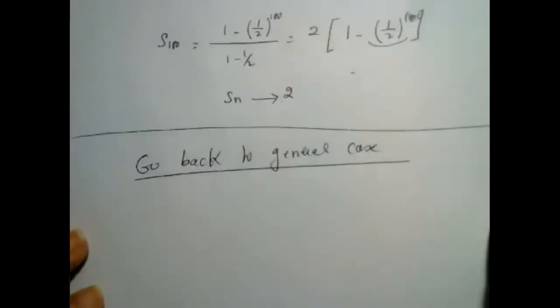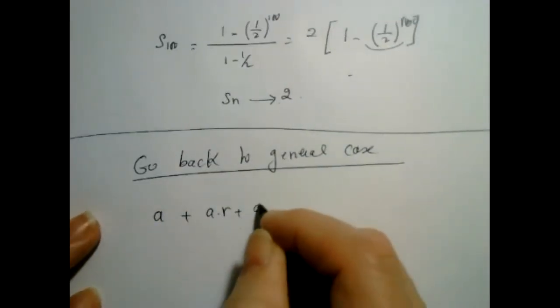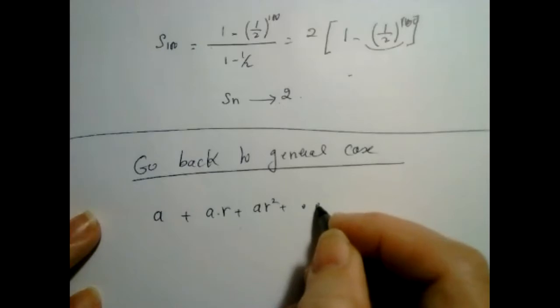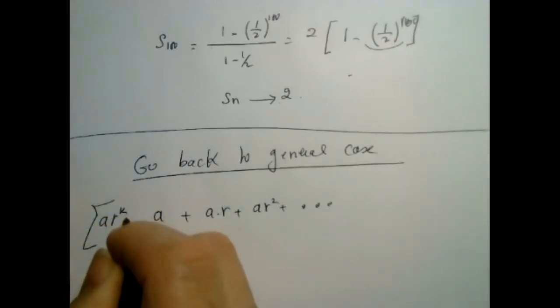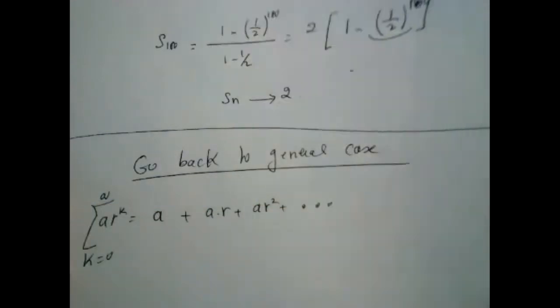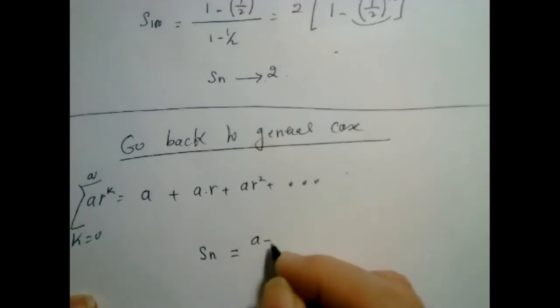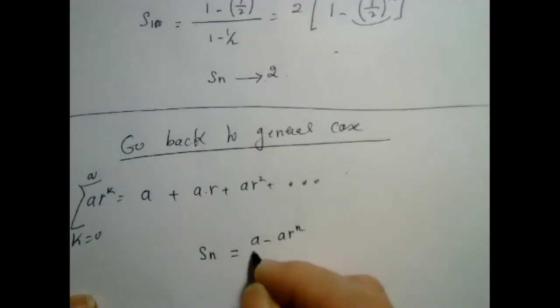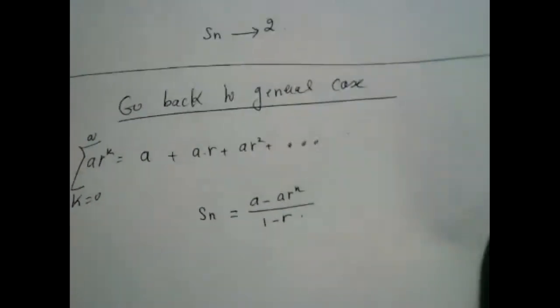So we have this a plus a times r plus a r squared plus etc. And that's my geometric series. And the sum of the first n terms is equal to a minus a r to the n over 1 minus r. So that's really the general situation.